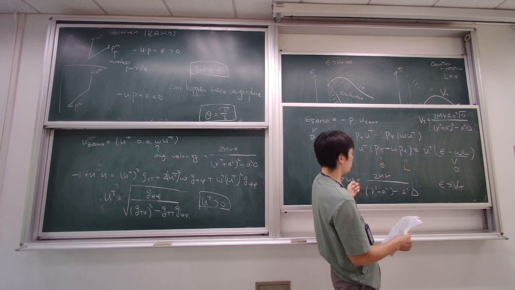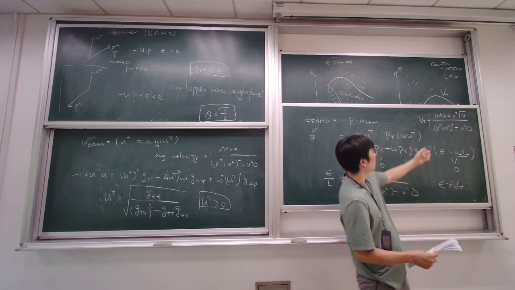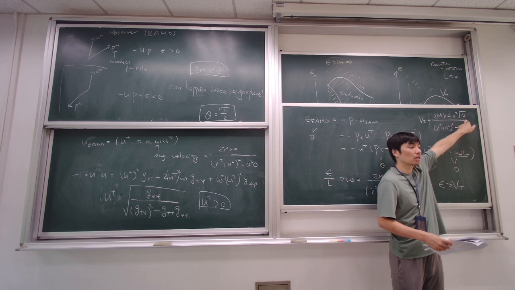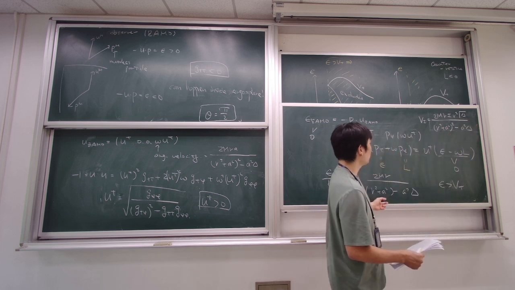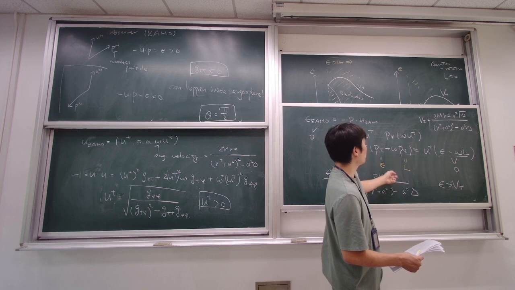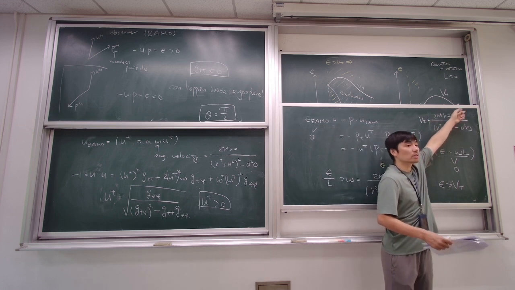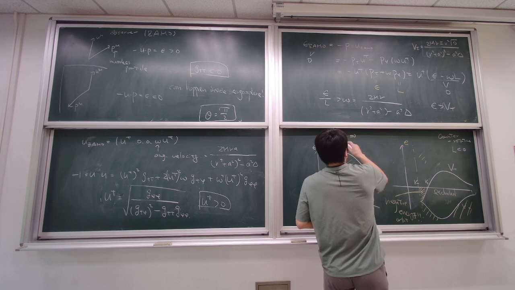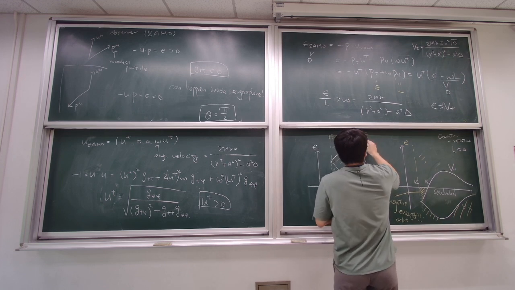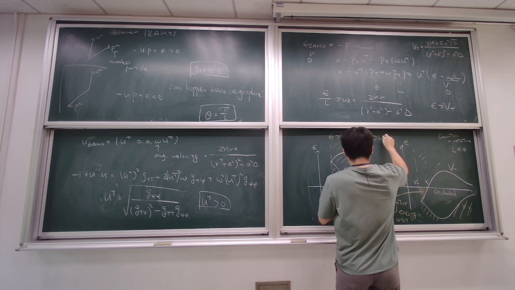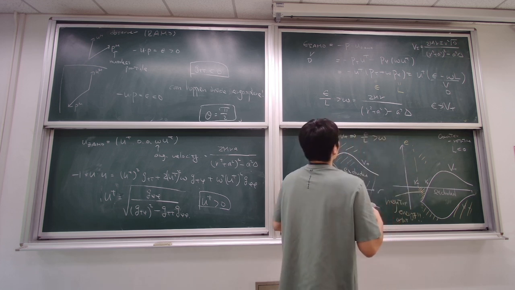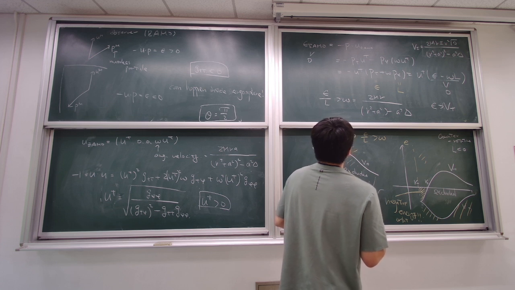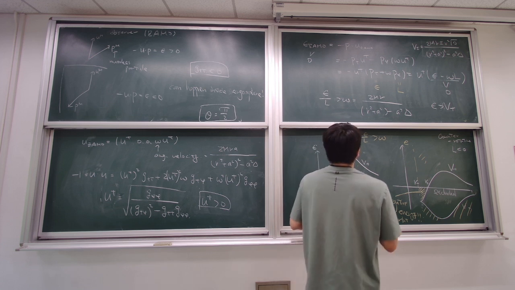So if you compare with this angular velocity omega and the b plus, the difference is this plus minus r squared delta. The denominator is the same, and the numerator's first term is the same. So therefore, the difference is this one. So for co-rotating, if epsilon is greater than b plus, it means that epsilon over L is greater than omega. So this is guaranteed.